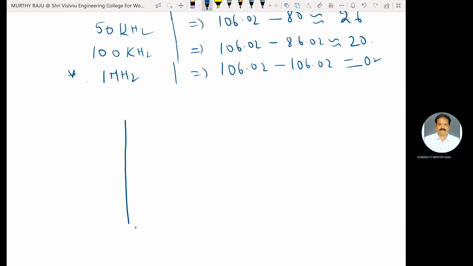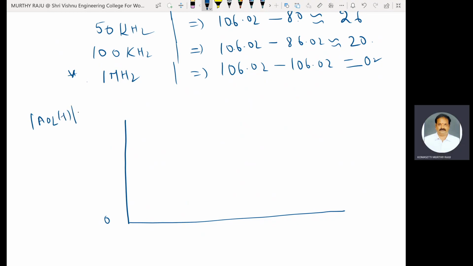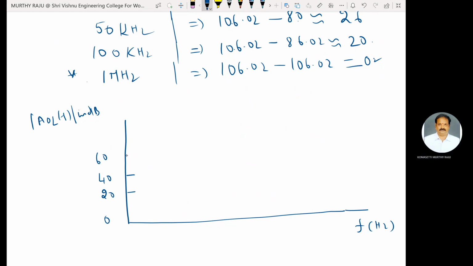This is 0 dB. This is mod AOL of f in dB on the y-axis, and frequency in Hz on the x-axis, log scale. Here 20, 40, 60, 80, 100, 120.